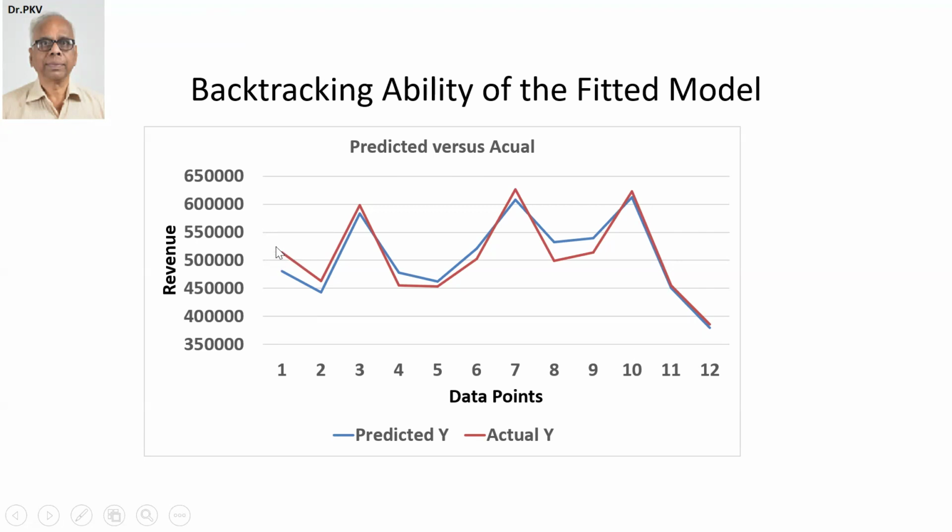And see what is the behavior of the actual. It goes down, again up, goes down, and it's a plateau here. Again, goes up, goes down, and slightly coming down, plateau type of a thing. Again, goes up and finally comes down.